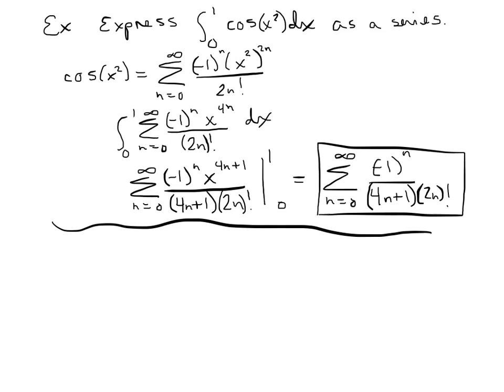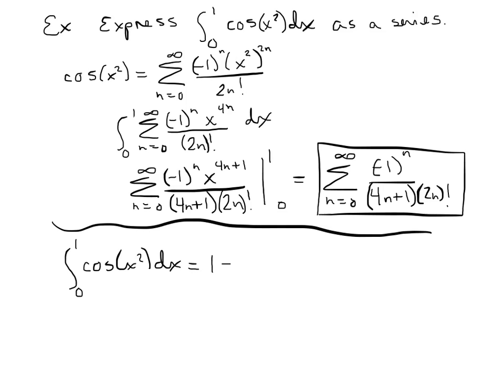What this means is that we could write out this integral from 0 to 1 of cosine of x squared dx as equal to this sum, and if I start plugging in some numbers, when n is 0, that's going to be a positive term. The bottom, 4 times 0 is 0, plus 1 is 1, and 0 factorial is 1, so I just get 1. The next term when n equals 1 is going to be negative because of that (-1)^n.